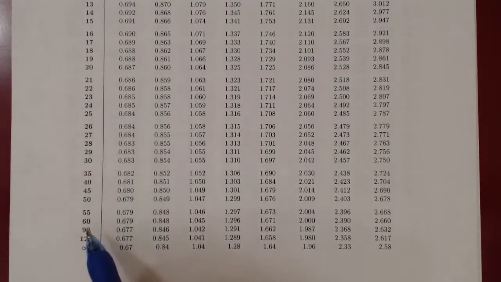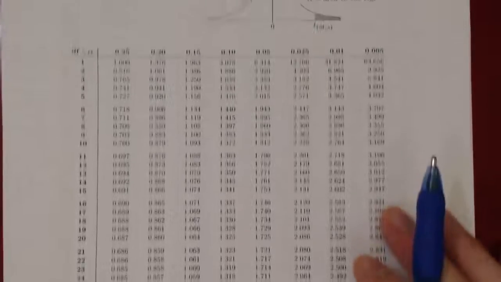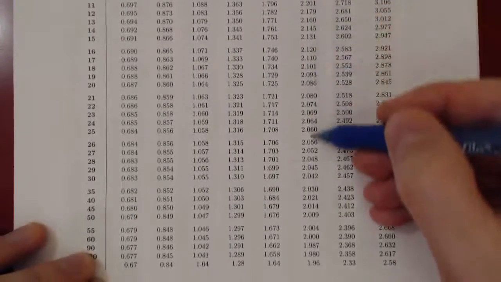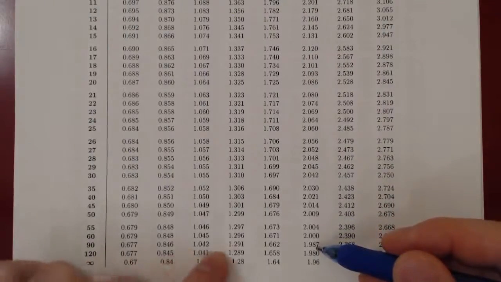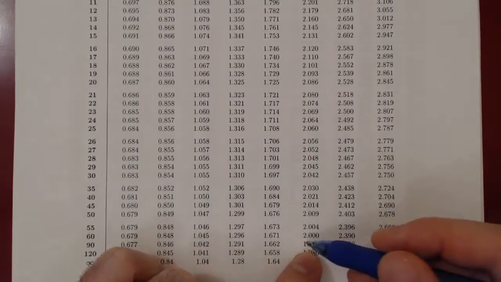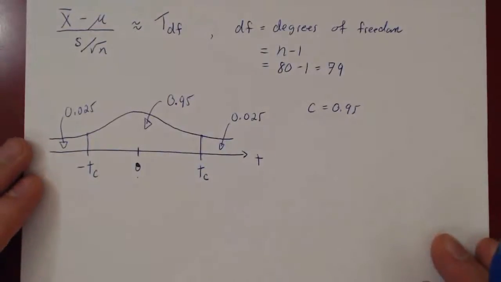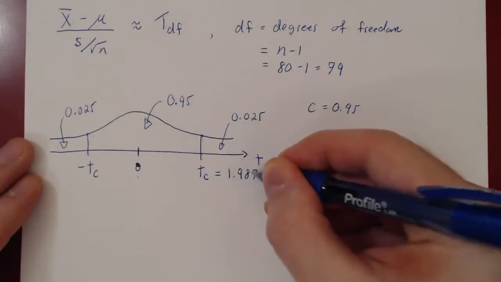Well, 79 is in between, and we just picked the closest one to 79, and that is 90. 90 is closer to 79 than 60, so we'll take 90, and if you go back up, alpha was 0.025, so we go down, and if we use 90, the t-score is roughly 1.987. So we have from the table our t-score, roughly 1.987.